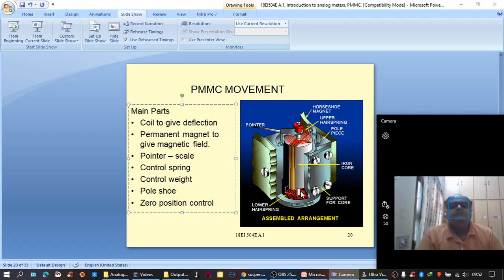The pointer has to shift abruptly from the 0 position to a specific position indicating the current flowing through the meter. Because of that abrupt movement from 0 to the specific position indicating the amount of current, there is a possibility that over a number of usages, the mounting of this coil, the movable coil assembly, may get disturbed.